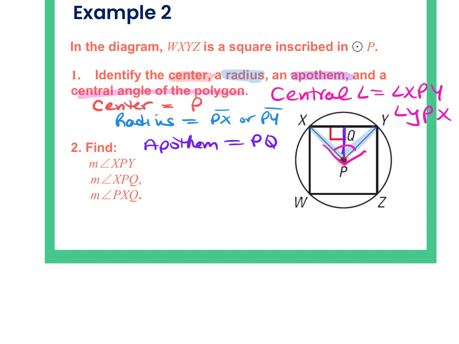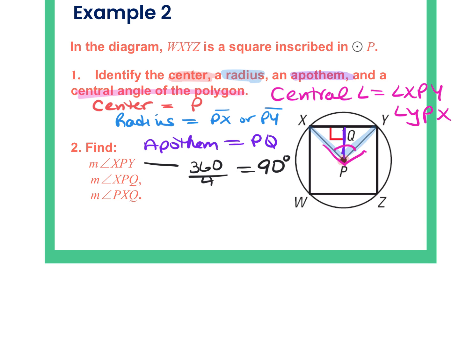So let me identify where XPY is. XPY is the central angle. And remember, the formula to find the measure of a central angle is 360 divided by the number of sides. So XPY is 90 degrees. Then the next one they want us to find is the measure of XPQ.